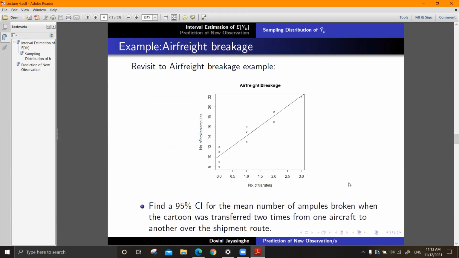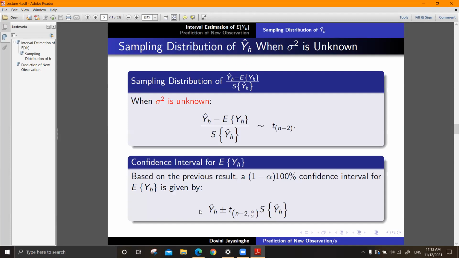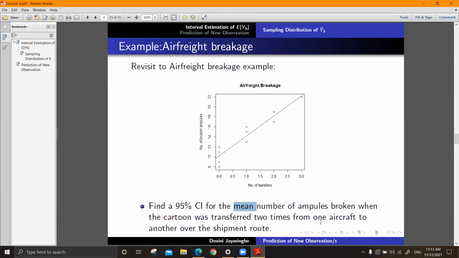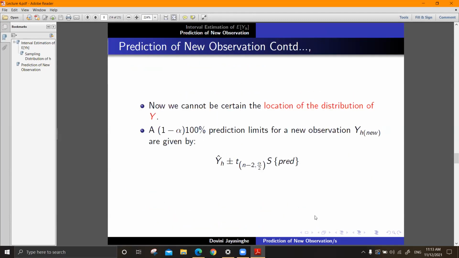Whenever you are asked to construct a confidence interval for mean response, this is the formula, right? For a new observation, you can be given the word prediction interval or confidence interval, that's fine.